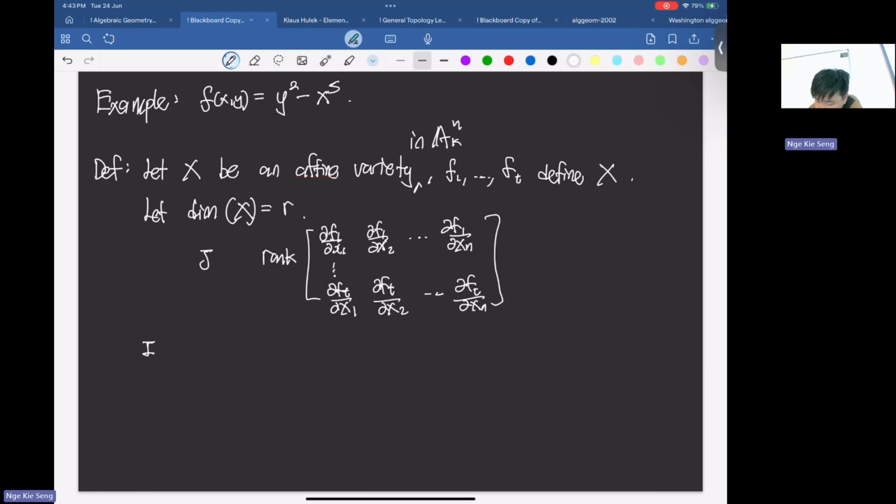Let's say here is J at p, where p is a point in the variety.